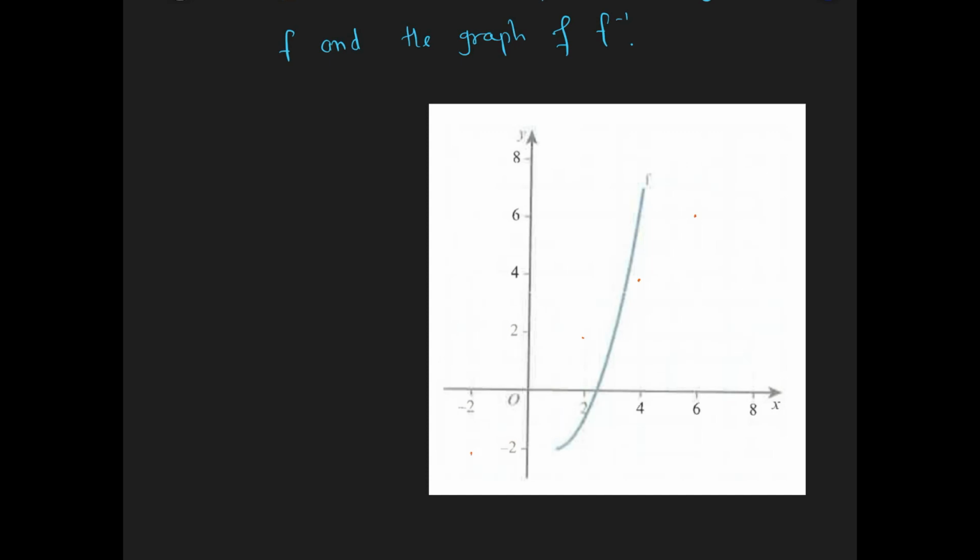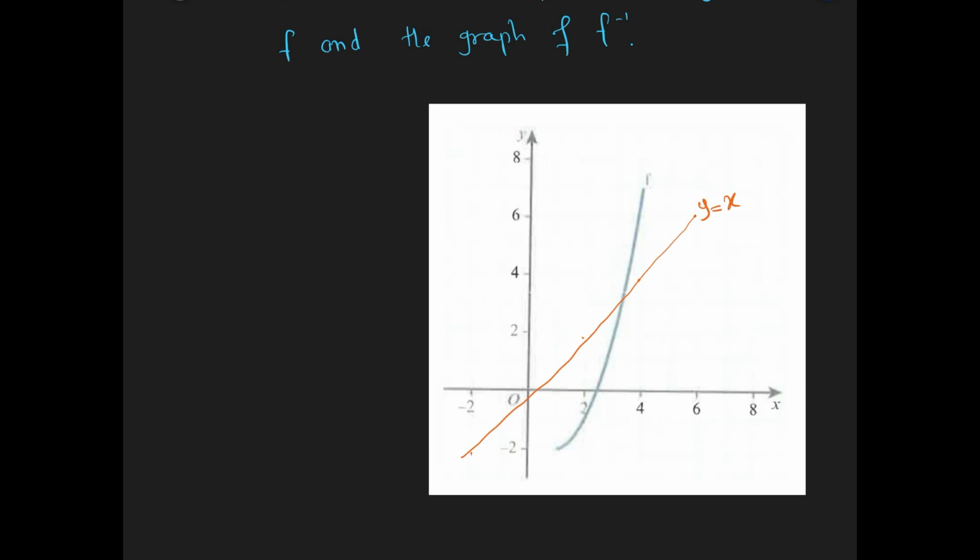Now to draw the graph of the inverse of the function f, we need to use the definition that the graph of function f and its inverse are a reflection of each other in the line y is equal to x. So first we draw the line y is equal to x by joining the points here. So this is the line y is equal to x, and this is the mirror line for the image.